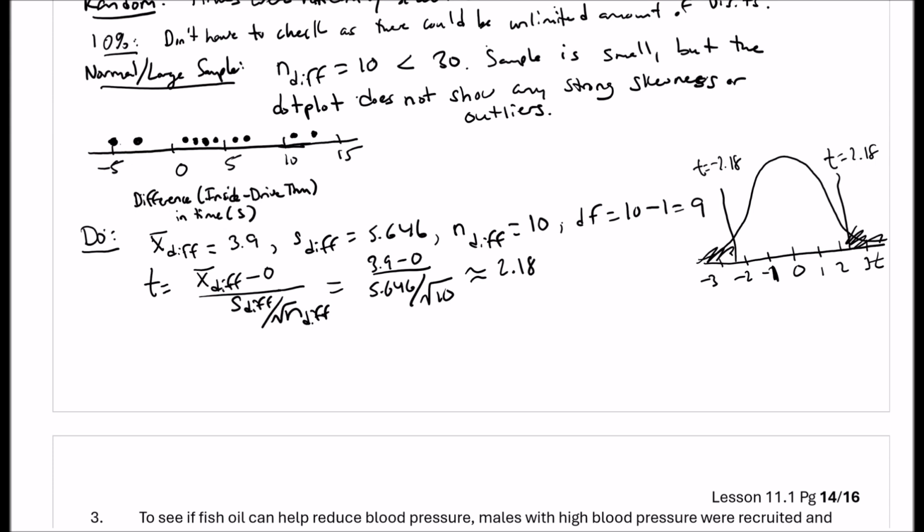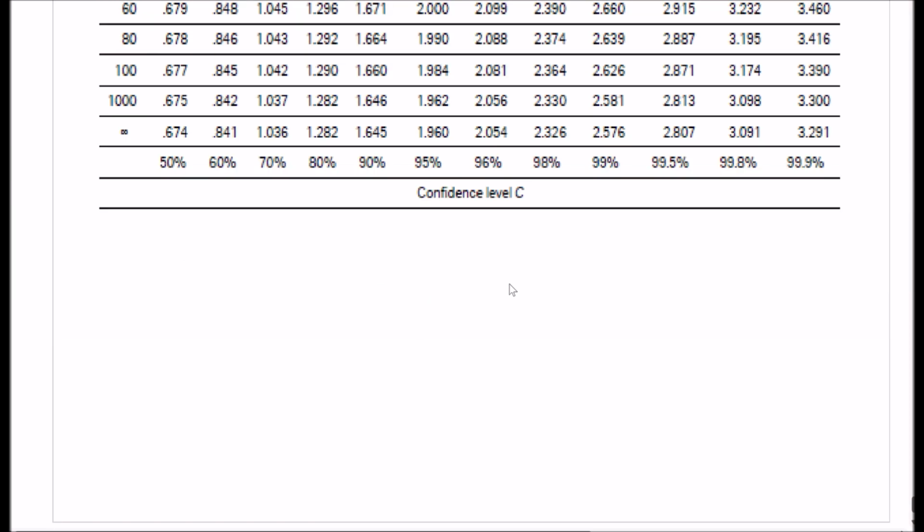And then we can calculate the p-value. You can use TCDF, or you can just use the p-value that we got. But let me show you how to get the p-value from the table approximately. So you got 2.18 and then 9 for your DF. Okay, so let's go to our table.